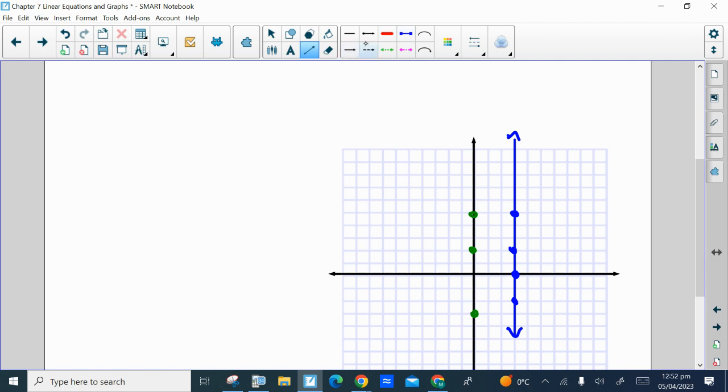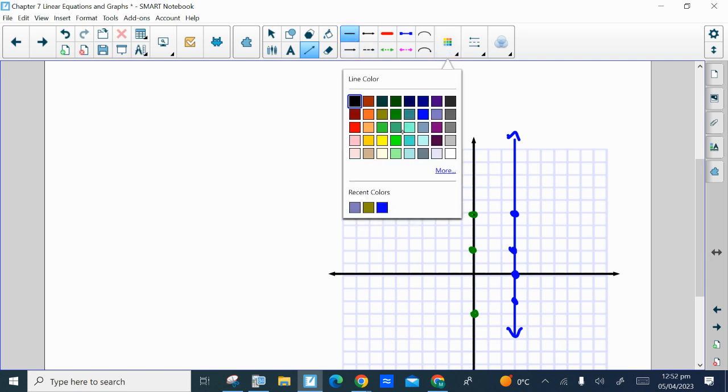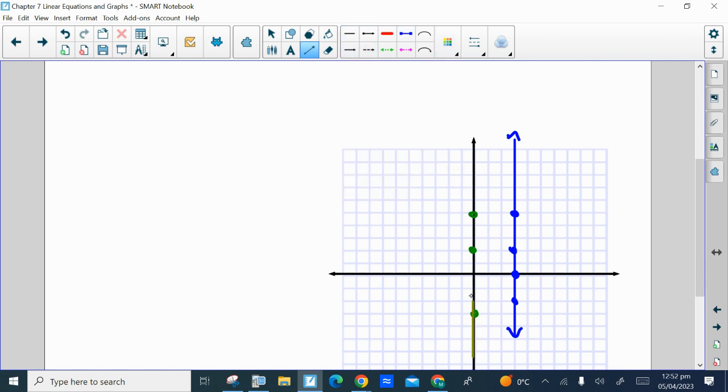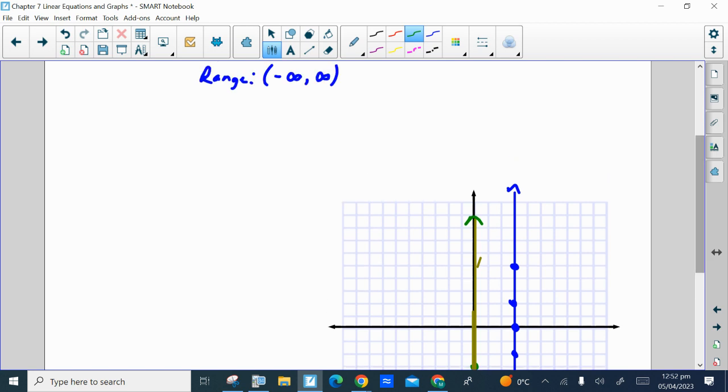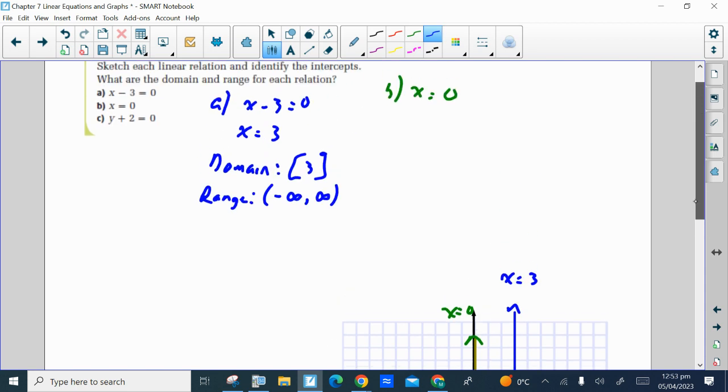Again, this is the equation of the y-axis. Right? This is the line x equals 0, whereas the first one was the line x equals 3.